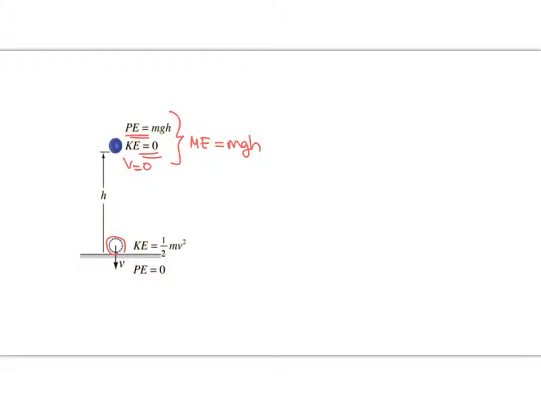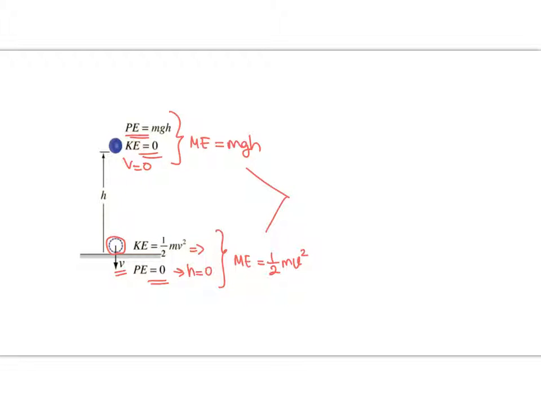When it strikes the ground, it has zero potential energy because no height, and it strikes the ground with a velocity of v, so it has a kinetic energy 1/2 mv². So here the total energy is equal to 1/2 mv².